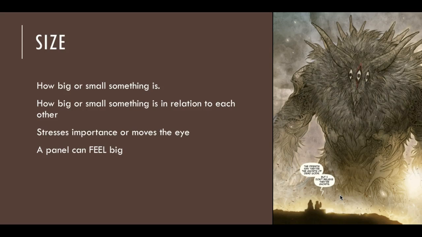The artist typically doesn't use all of them together in emphasis. They may have all seven elements of design in there, but they're using maybe just size, or maybe just color, or maybe just lines to emphasize something.